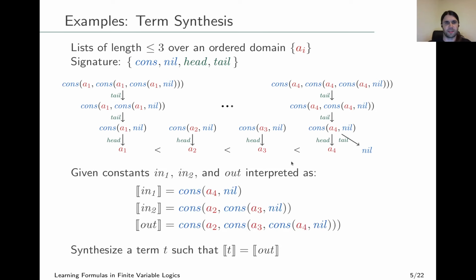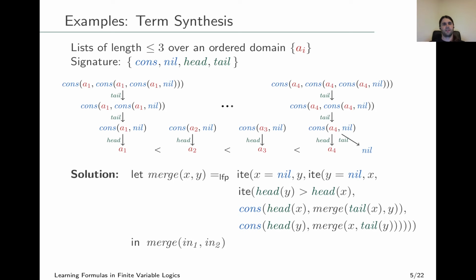So let's say there are two input constants which are interpreted as the lists A4 and A2, A3, and the output constant is A2, A3, A4. Now given that structure, which encodes an input-output example over lists, you want to synthesize a term t so that t is equal to out in the structure.